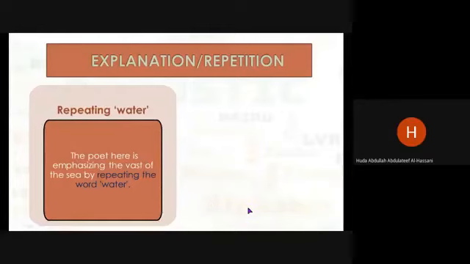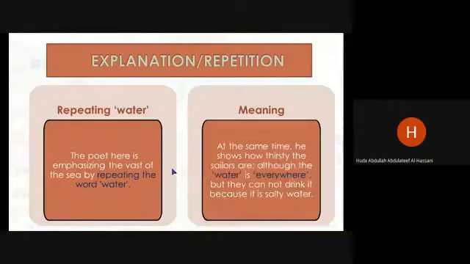Actually, this repetition should have a function, should be useful for the meaning of the whole poem. So when the poet repeats the word water, he is emphasizing the vastness of the sea. Water, water everywhere, okay? So here we have the meaning.